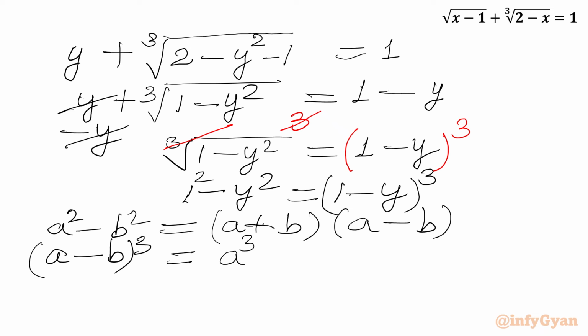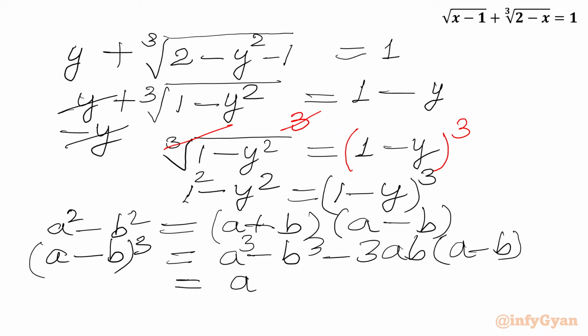This will be equal to a cube minus b cube minus 3ab(a minus b). But this is not useful for our RHS as per our LHS, so we won't use this identity here. We will write a minus b times (a minus b) whole square.